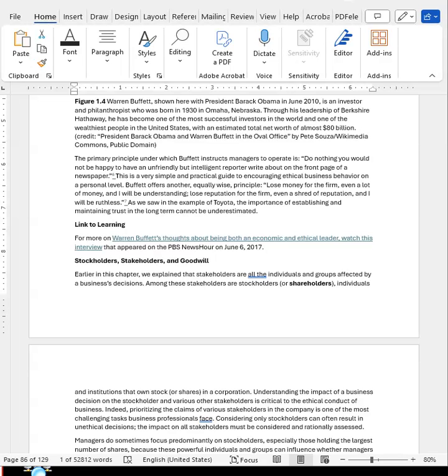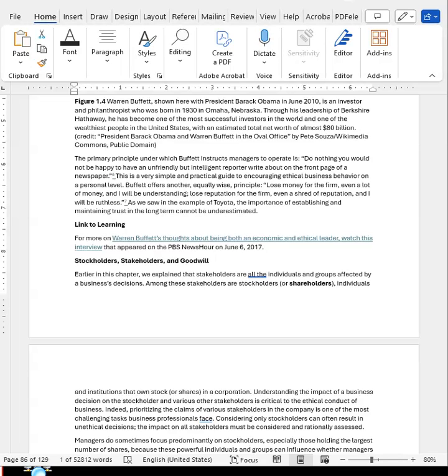Stockholders, stakeholders, and goodwill. Earlier in this chapter, we explained that stakeholders are all the individuals and groups affected by a business's decisions. Among these stakeholders are stockholders or shareholders, individuals and institutions that own stock or shares in a corporation.